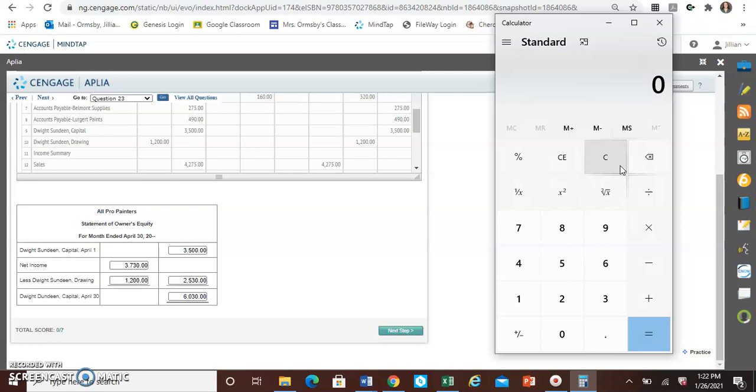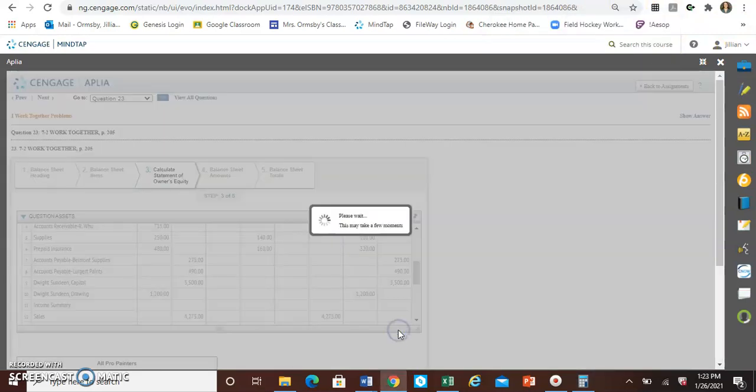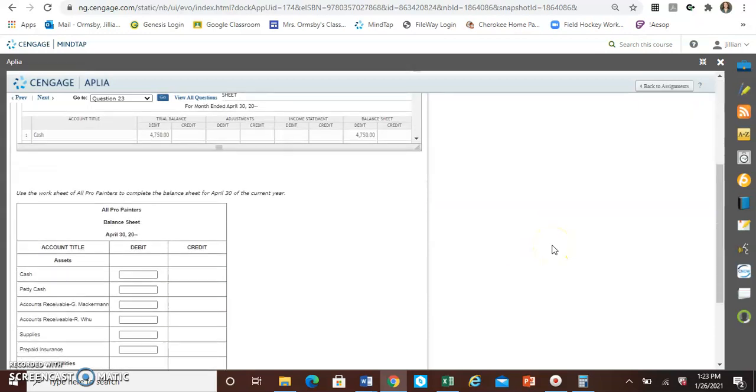So you take the capital, 3,500, plus net income, and I always remember that net income is a positive, so we add 3,730 minus drawing 1,200. That gives us our current capital, 6,030. So now you can see how you would figure out current capital with the statement of owner's equity, also with just using a calculator.